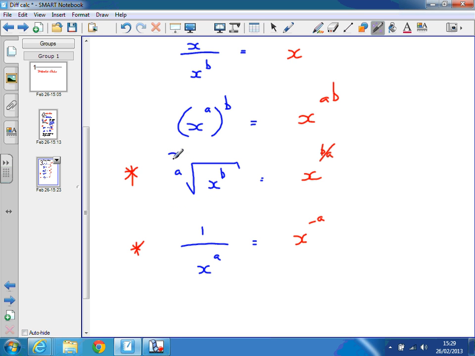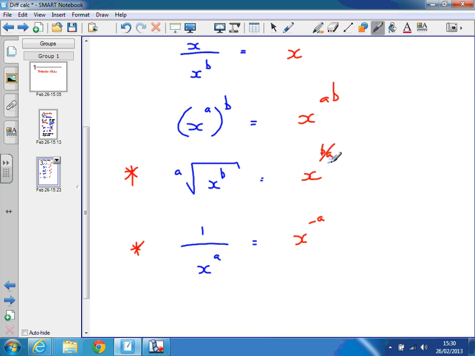So, for example, the cube root of x raised to another power, x squared, x cubed, x to the 4, or whatever, can be written as x to the fractional power. The numerator in the fraction, the top number, is the power of x, and the root is the denominator. Roots go underneath the ground.